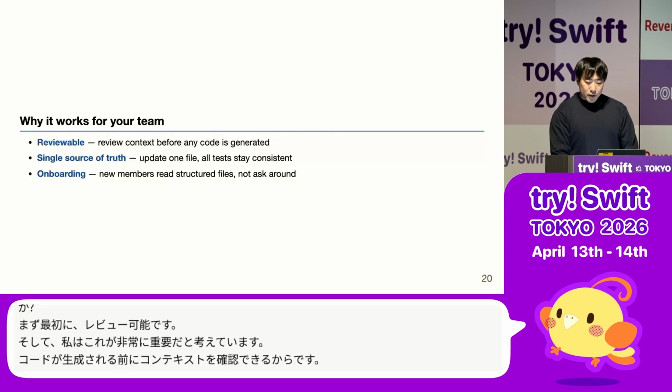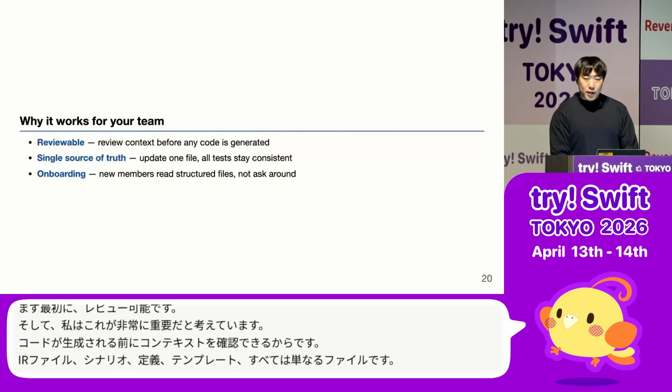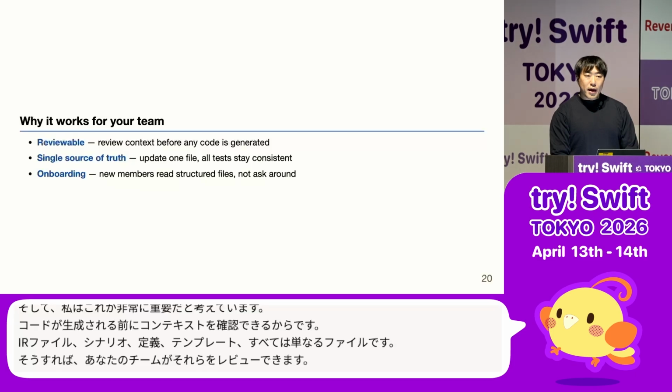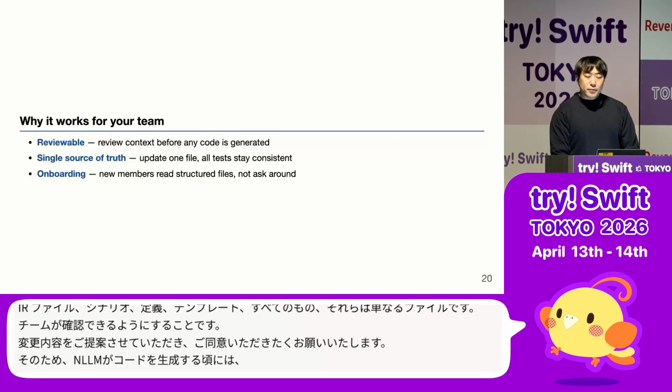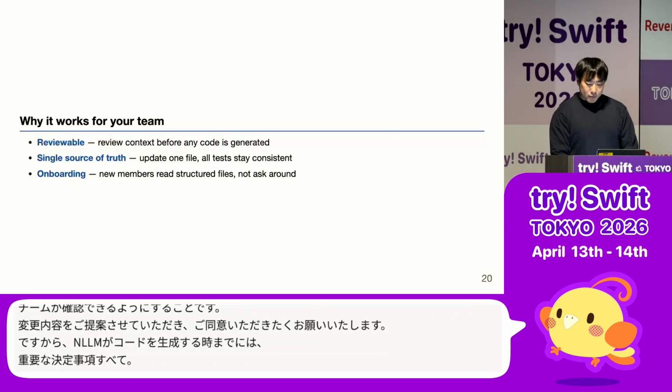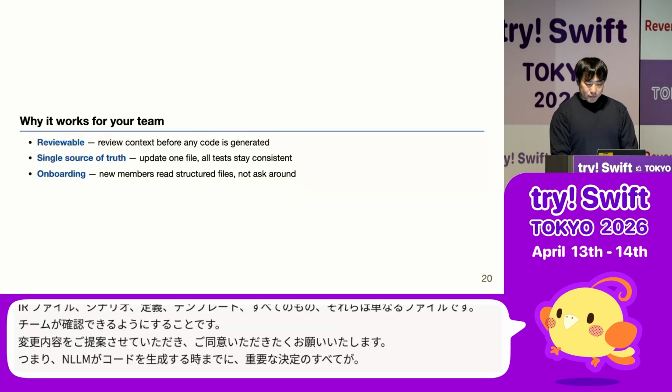So your team can review them, suggest changes, and agree on them. By the time the LLM generates code, all the important decisions have already been reviewed by your team. So you're not reviewing AI output. You're reviewing the input that shaped it.